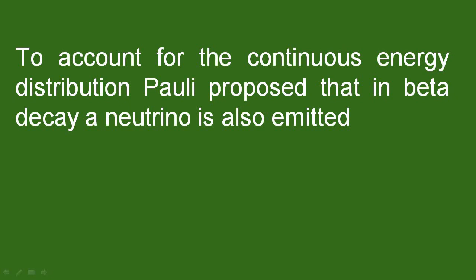That is why you can't detect it very easily. And its spin is also half. So you have three particles, proton, electron, anti-neutrino. Out of these three, two will have spin in one direction and one opposite, so definitely you get half. So the spin is now okay.